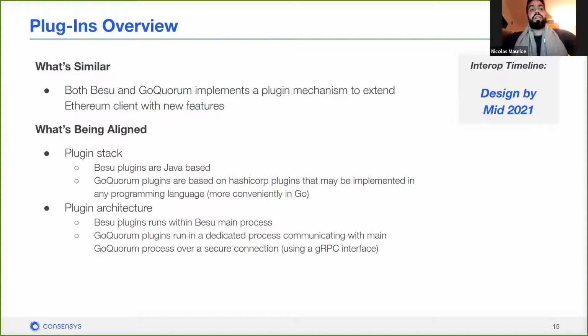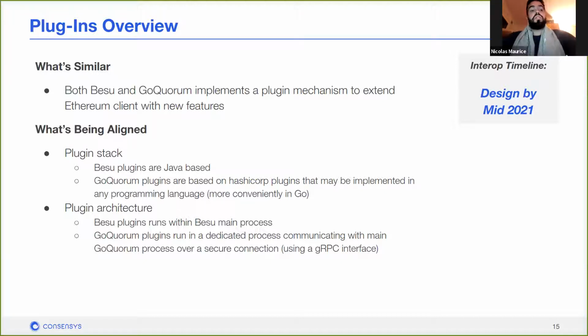And finally, plugins. So both Besu and GoQuorum implement the plugin mechanism, to allow extending a blockchain client with custom features without having to modify the Ethereum client software itself. So they both have a mechanism for that, but it's still a bit different.